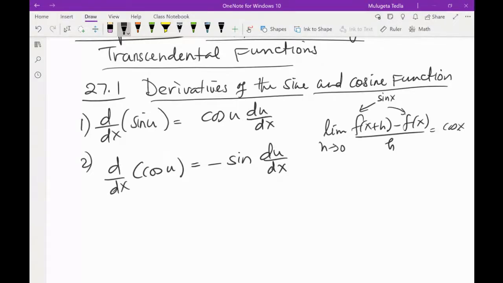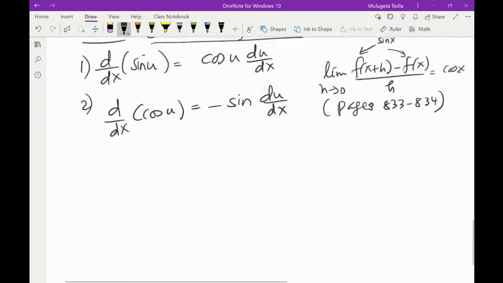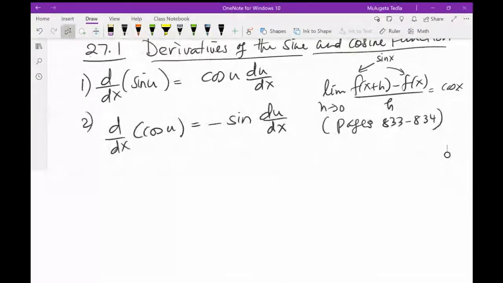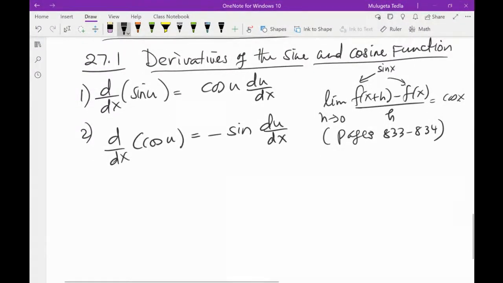They prove that on pages 833 and 834. But because this is technical math, I will just take the result. So the derivative of sine is cosine of u du by dx. The derivative of cos is minus sine of u du by dx.